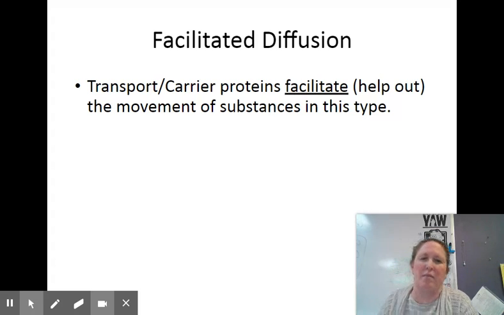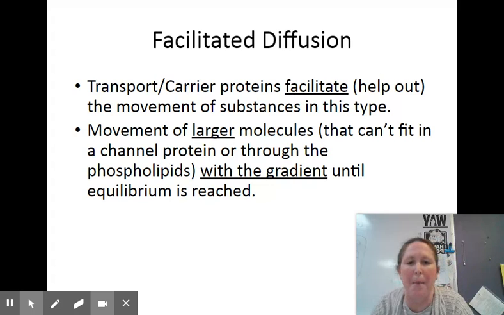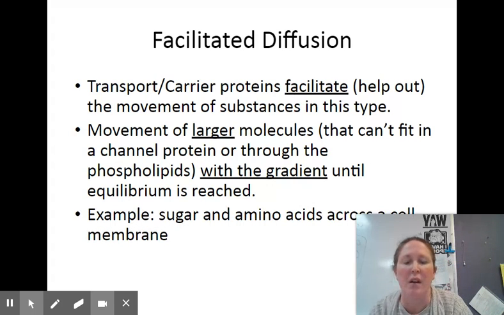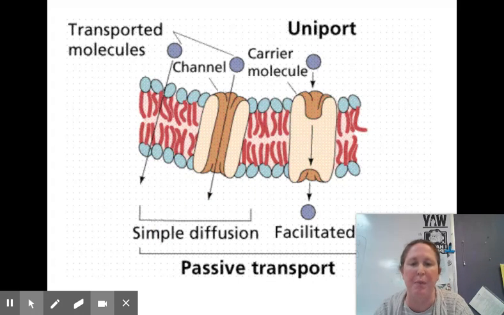So they help carry the big things. They still go with the gradient from high to low because everything in passive transport is high to low. So sugar, amino acids, these things are too big to fit through those channel proteins, so they have to go with a carrier or a transport protein.